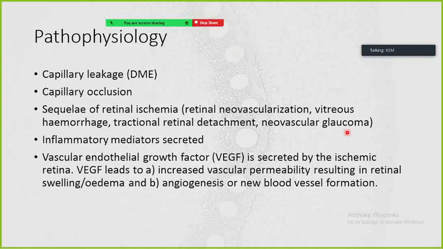Diabetic macular edema. The macula is the area where you can see the best, in between the vascular arcades. It's commonly edema due to capillary leakage, can be capillary occlusion, and sequelae of ischemia and inflammation, and you have vascular endothelial growth factors and other factors secreted by the ischemic retina.